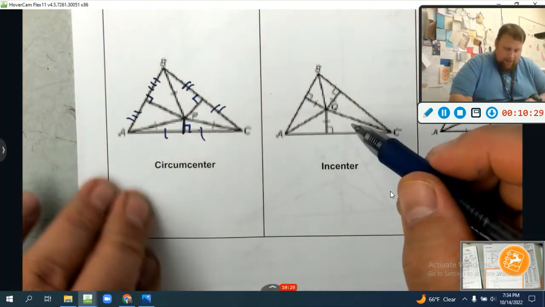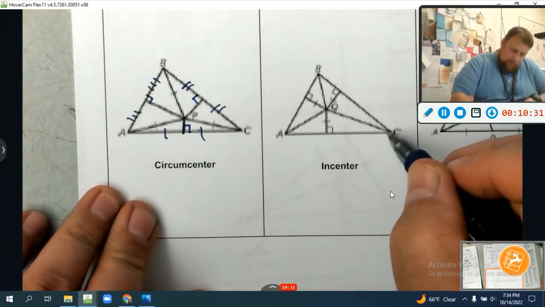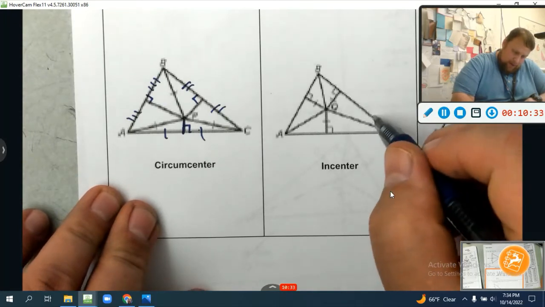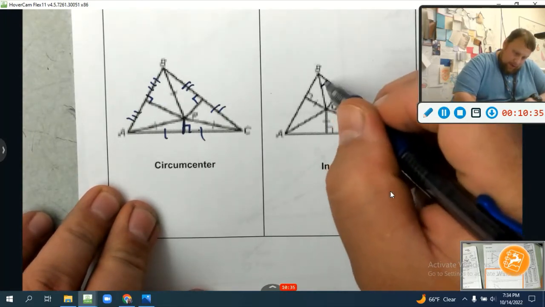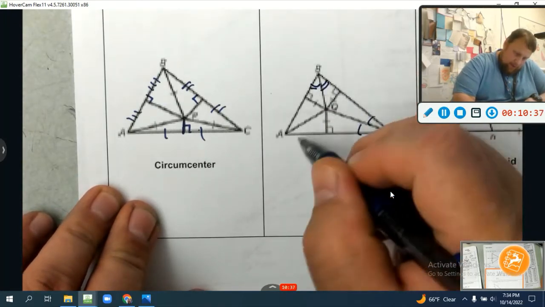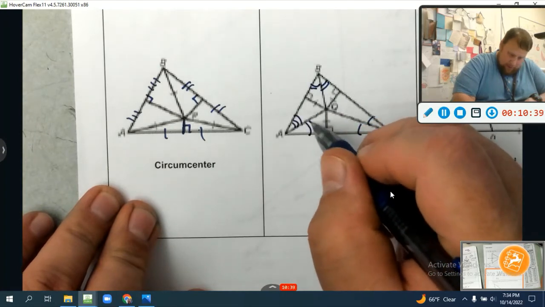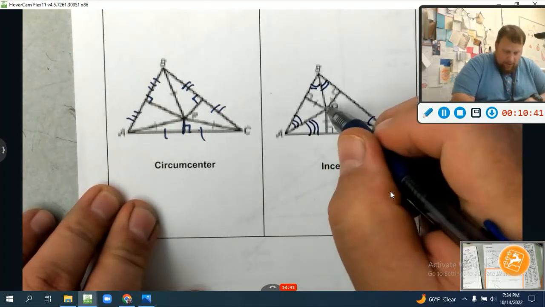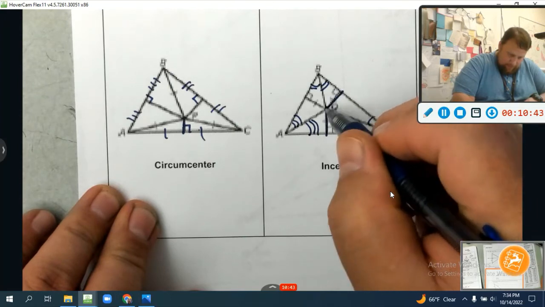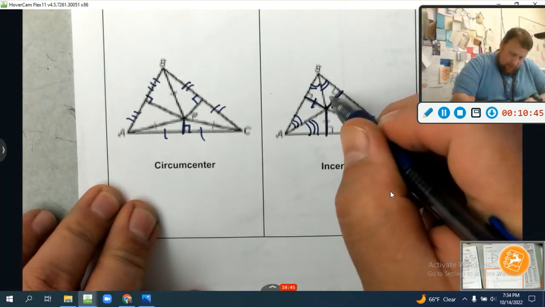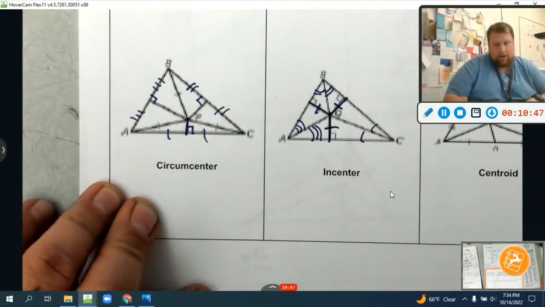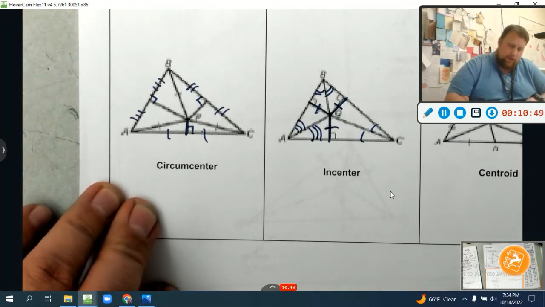An incenter is that point where angle bisectors meet, that's the same angle, this angle matches this angle, 1, 2, 3 matches 1, 2, 3, and it turns out these lines that are drawn perpendicularly from that point are all congruent to each other as well. It's called the incenter.